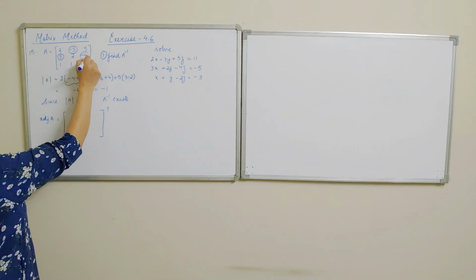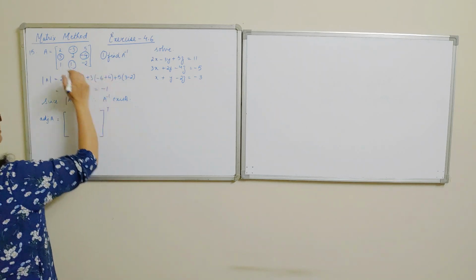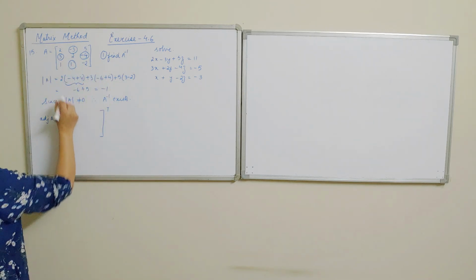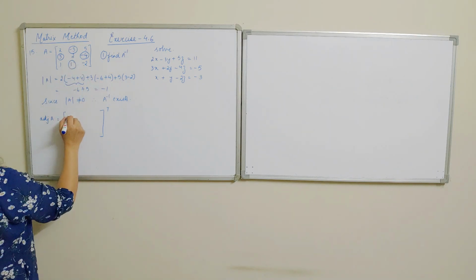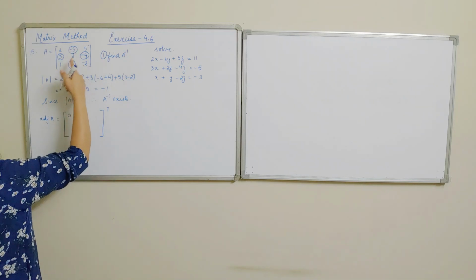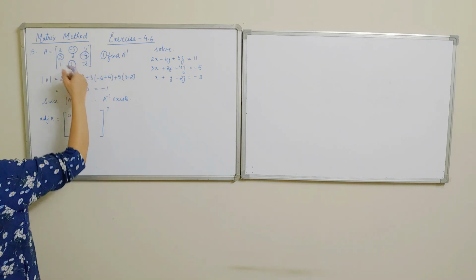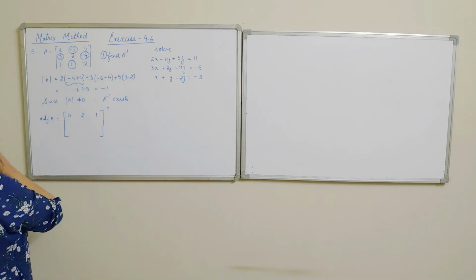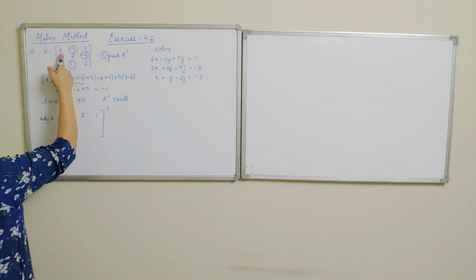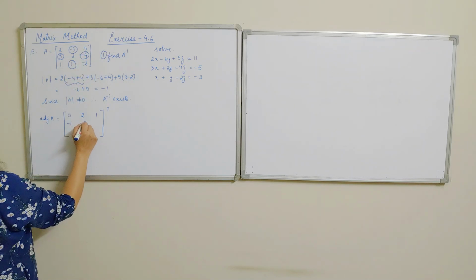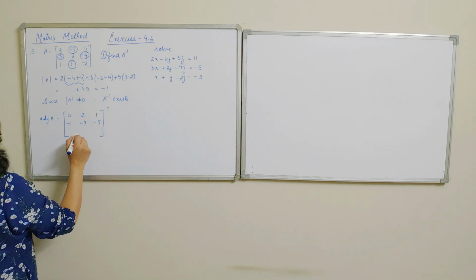So once again, circling these special elements. I usually circle these elements just to remind myself that the signs for these elements will change. For this element it is minus 4 plus 4, which is 0. For this element it should be minus 6 plus 4, minus 2, and hence it is plus 2, and 3 minus 2, 1. Then over here it is 6 minus 5, 1, so minus 1. This is minus 4 minus 5, minus 9, and here it is 2 plus 3, 5, so minus 5.